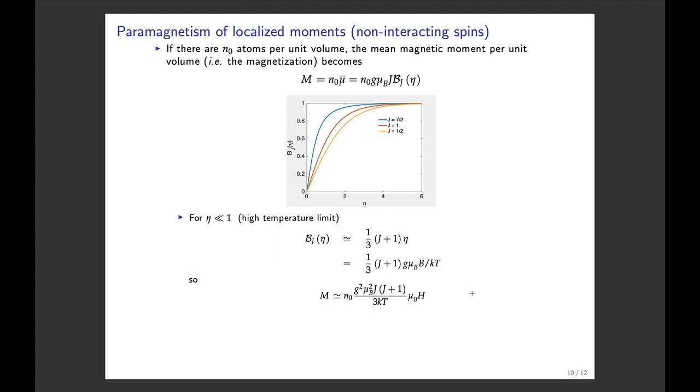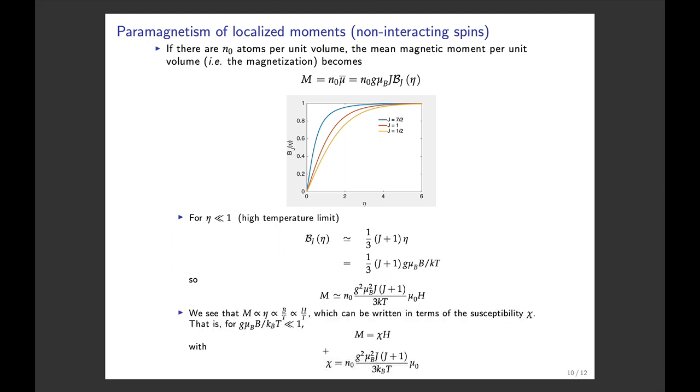It's proportional to eta, proportional to B over T, the magnetic field. And so if we take the susceptibility, remember, we usually say if M is proportional to H, then we call that the susceptibility, and this allows us to read off the susceptibility in this limit right away.